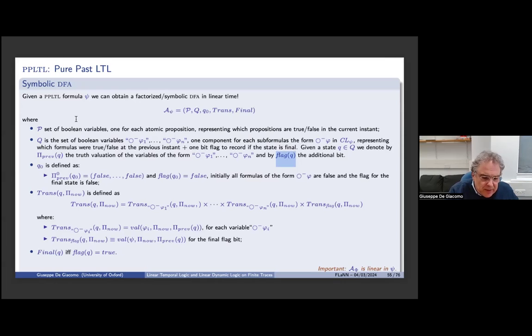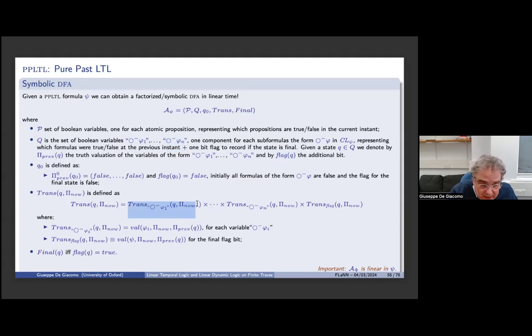Anyway, it's not important. So now what I can do is compute how I transit from one state to the next, by composing the transition of each, how to update the value of each of these formulas. So I have a way of updating the value of each of these formulas, reading the current instant and considering the previous value.